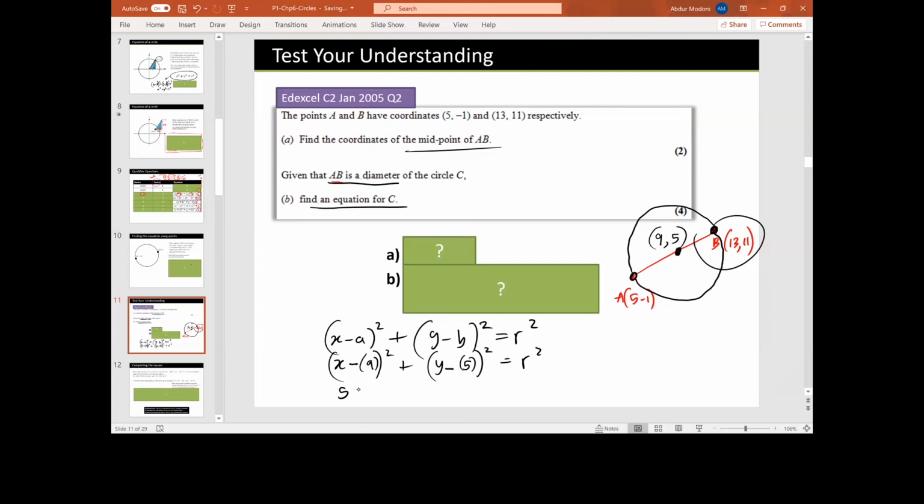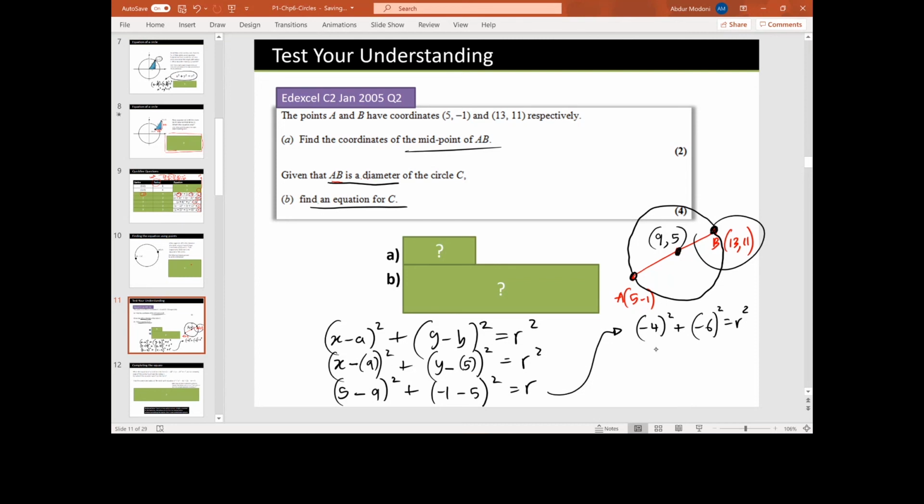So instead of x, (5 minus 9) all squared, plus, instead of y, I'm going to substitute (-1 minus 5) all squared, is equal to r squared. So there we've got 5 minus 9, which is -4. -4 all squared plus -6 all squared is equal to r squared.